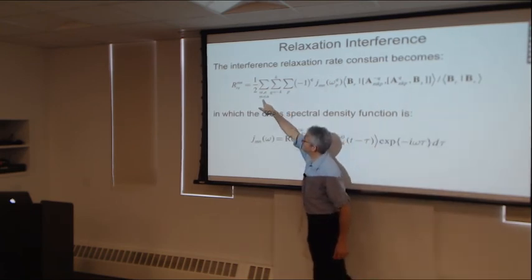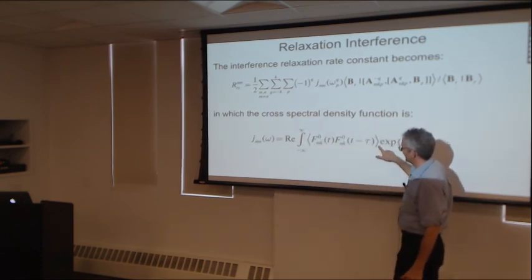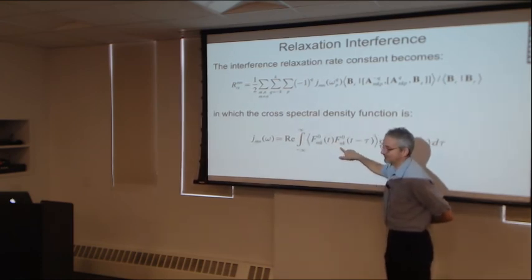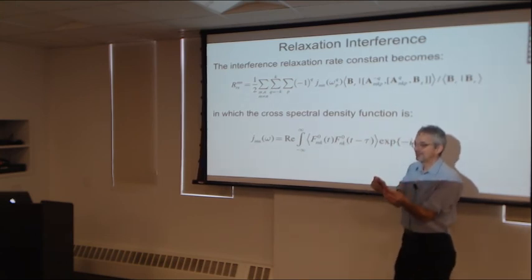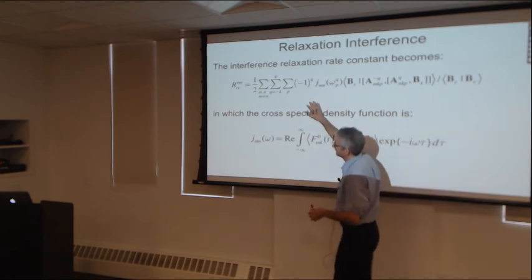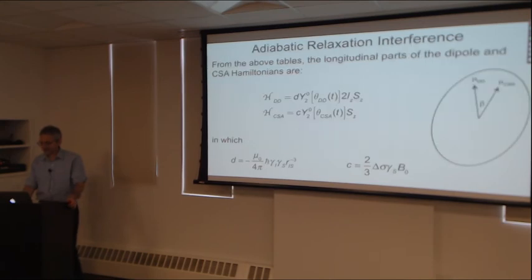So we have the sum of that. And then our correlation function becomes a cross-correlation function. How are fluctuations in the dipole tensor related to fluctuations in the chemical shift anisotropy tensor? And that's really the only difference in the formal theory.